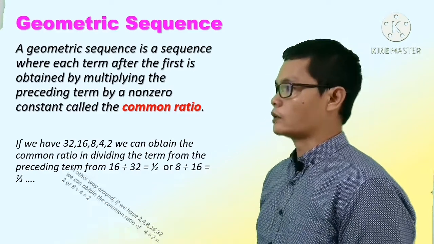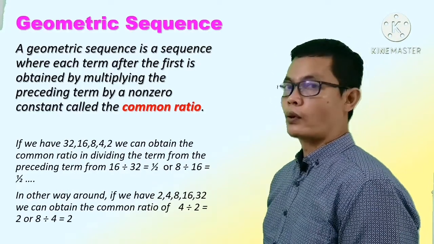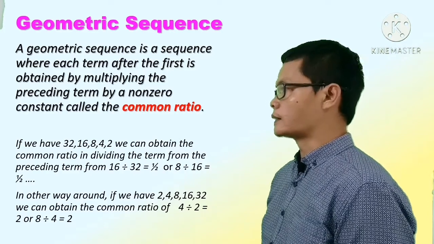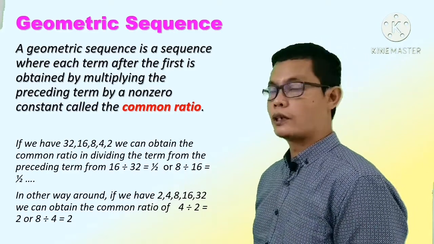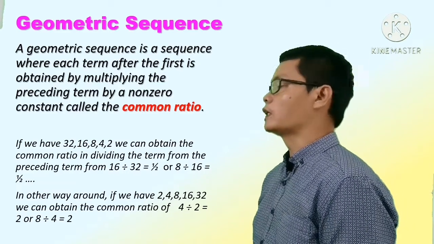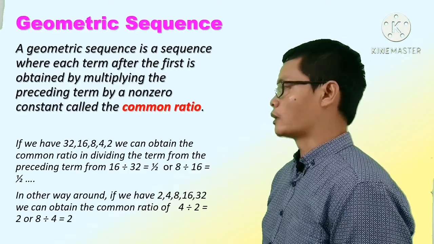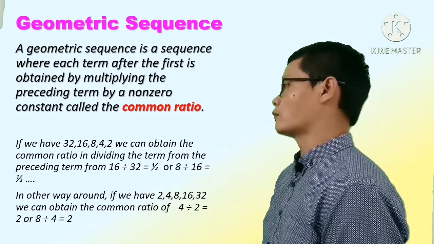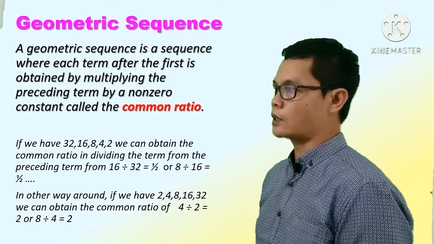The other way around, if we have a geometric sequence 2, 4, 8, 16, and 32, we can obtain the common ratio by 4 divided by 2, which is the second term and the first term. 4 divided by 2 is 2, and also we can have the third term 8 divided by the preceding term 4.